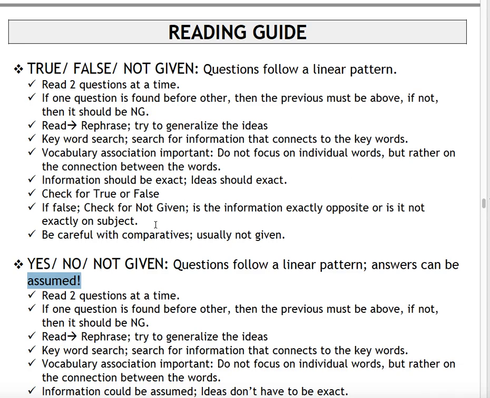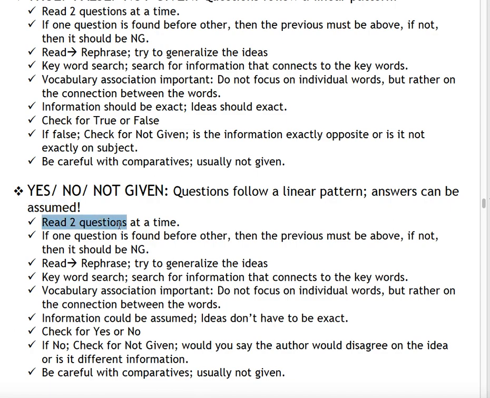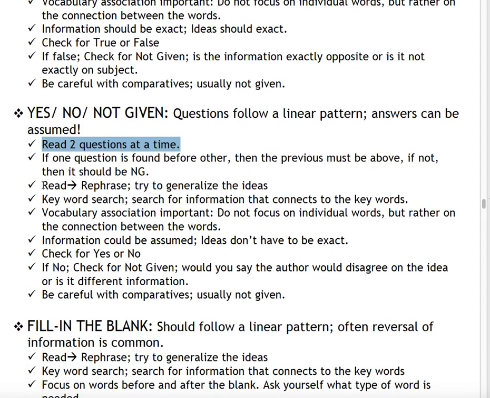So, read 2 questions at a time. If one question, okay, we already talked about that, then it should be not given. Read, rephrase, and try to generalize ideas, what I taught you already. Again, keyword search. It's about finding where those keywords or that key part of the question is in the text.